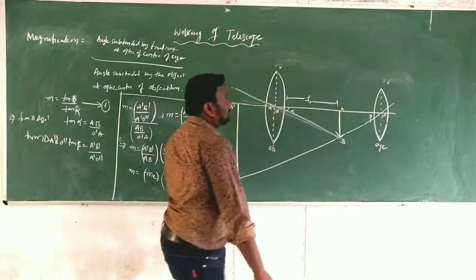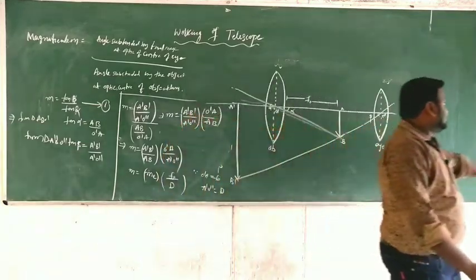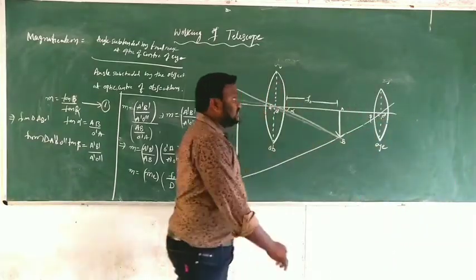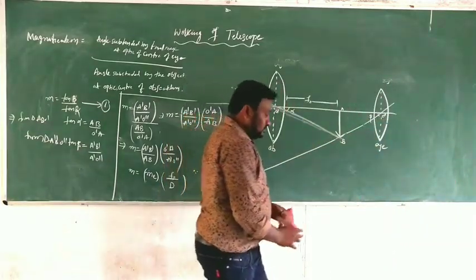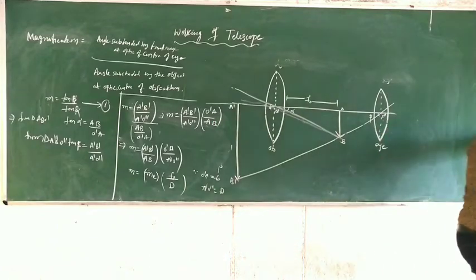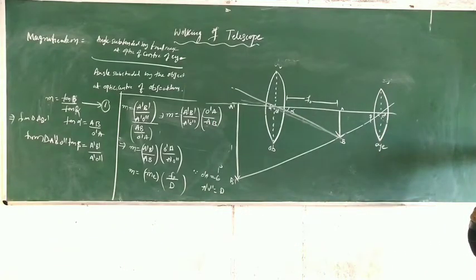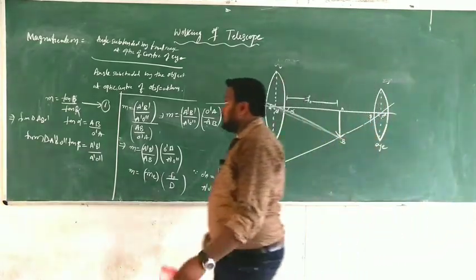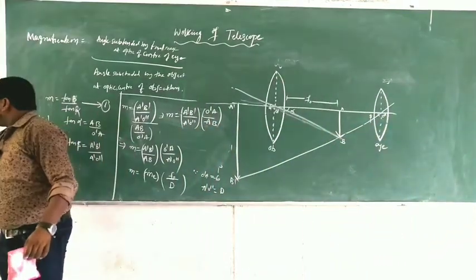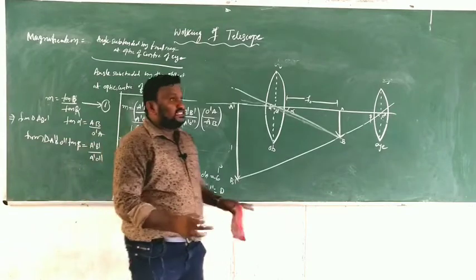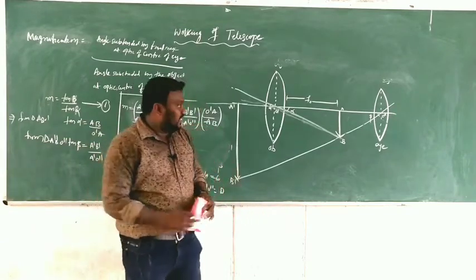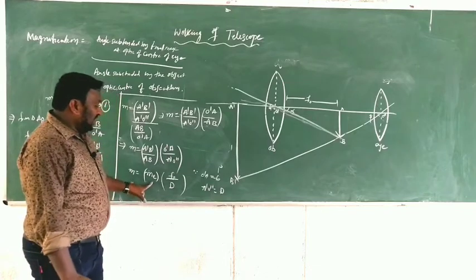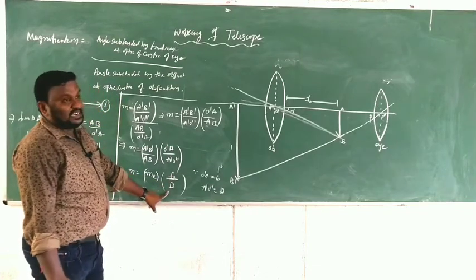So here in this case, what you have to say here, M is equal to ME into F naught by D. D means what?